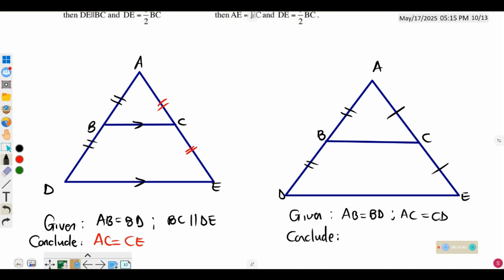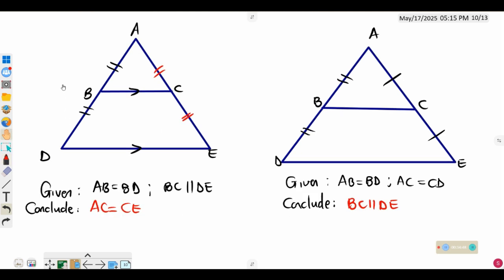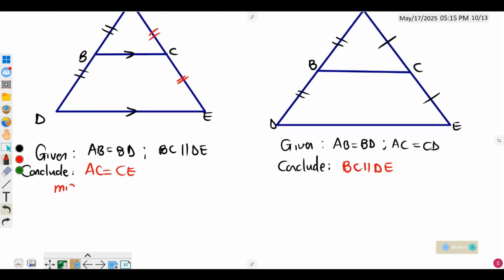You can conclude that BC will be parallel to DE. So here you are going to say this is the midpoint theorem for the original one, and this is the converse midpoint theorem, like that. And in both cases the side BC is going to be half of DE.